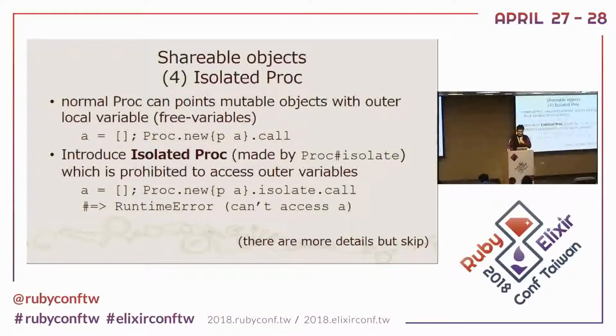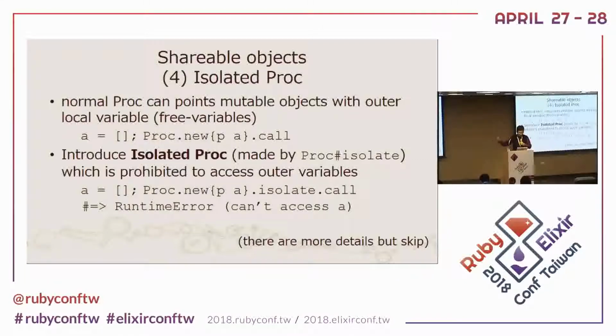To prohibit it, we introduce an isolate method for the proc class. This means that if we try to access local variable A, such a proc object can't be isolated, and it raises a runtime error.